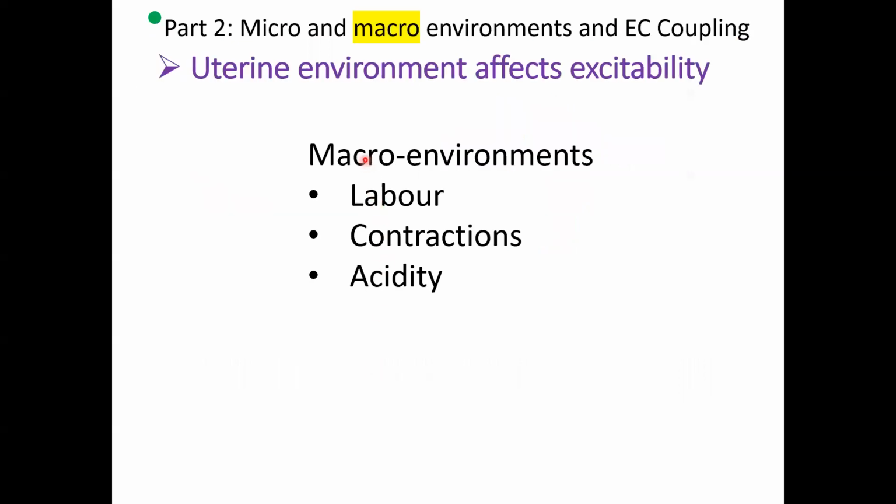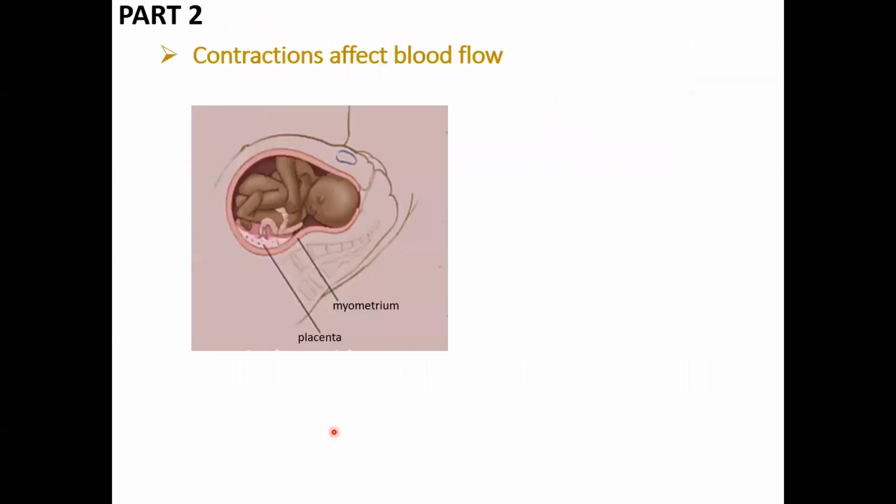So let's move on to the macro environment and thinking about labour, contractions, and acidity. So thinking of the pregnant myometrium, here it is, this thick muscular tissue that's protected and surrounds the fetus, but is also needed in labour. Very powerful contractions.